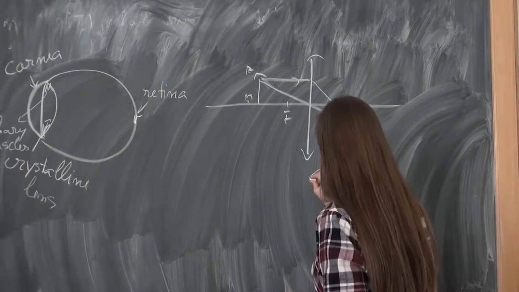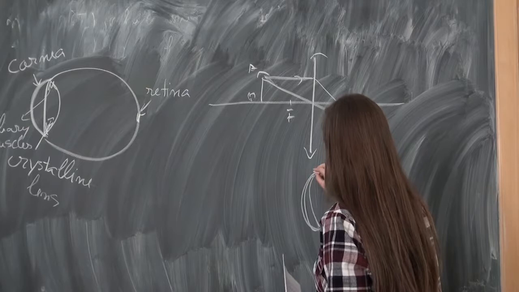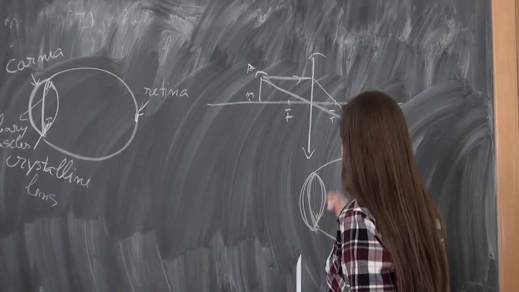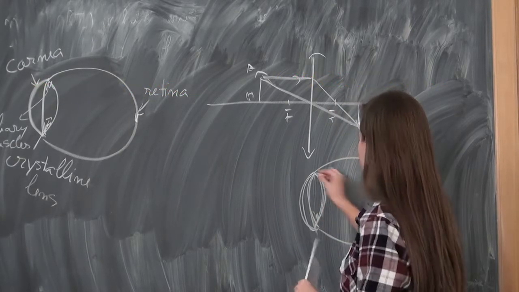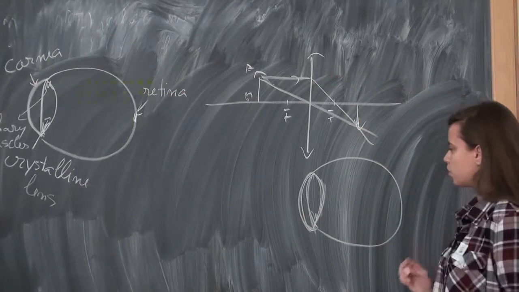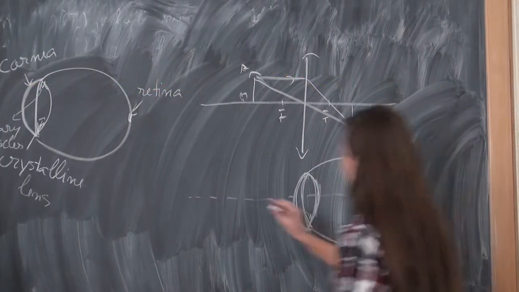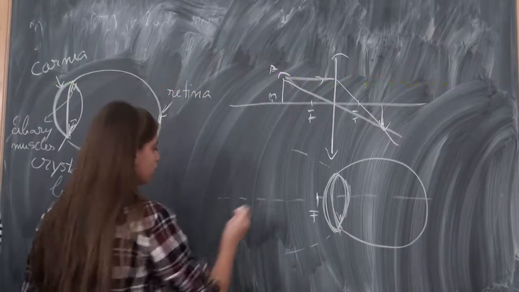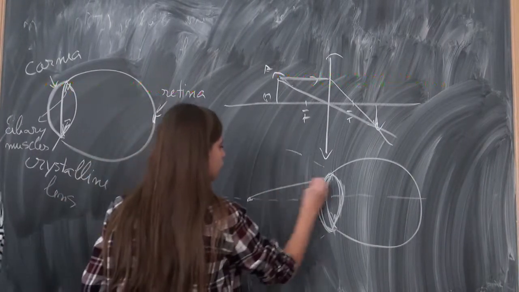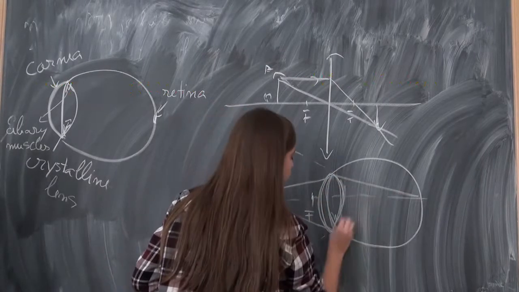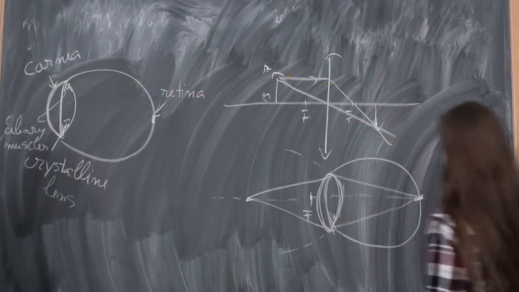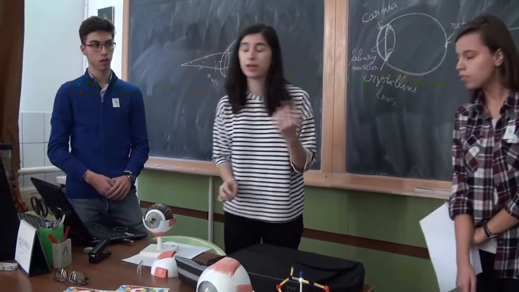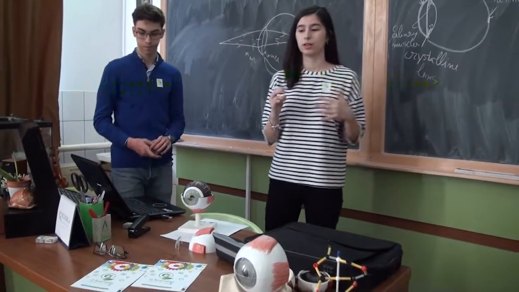In order to do that, the ciliary muscles squeeze and contract to form a bulge, bringing the image closer to the focal point. So the image is formed on the retina.